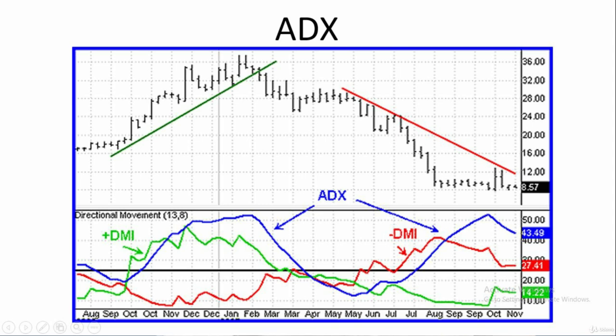The blue line shown in the lower part of the picture is considered to be the ADX, that is the average directional index. The ADX line is derived from the difference between the positive DMI, positive directional movement index, and the negative directional movement index.